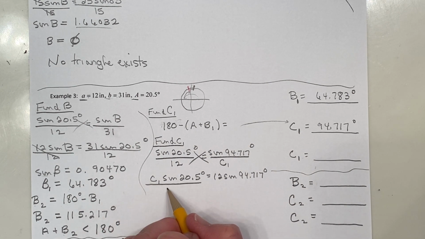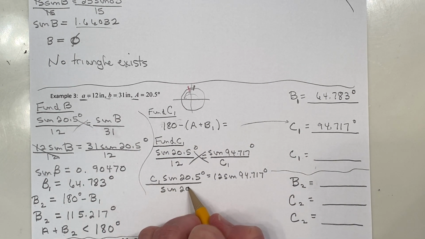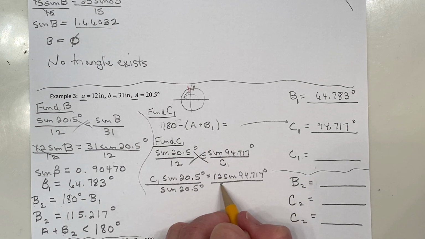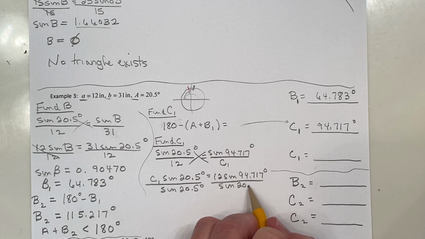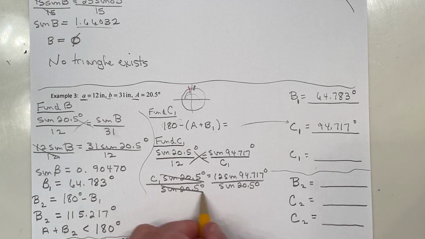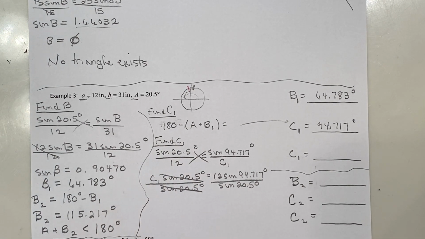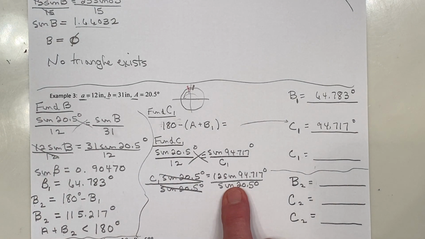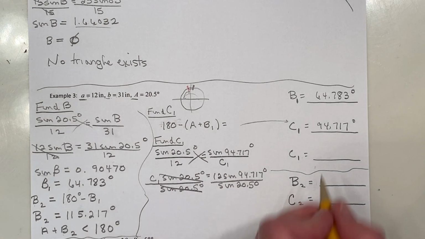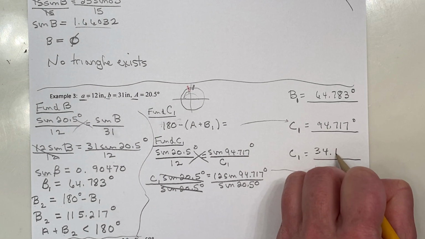Now we're finding a side length, so let's divide by sine of 20.5 degrees. To save room for the other triangle that I've got to complete, let's just go to the calculator and find this value. It's 34.149 inches.